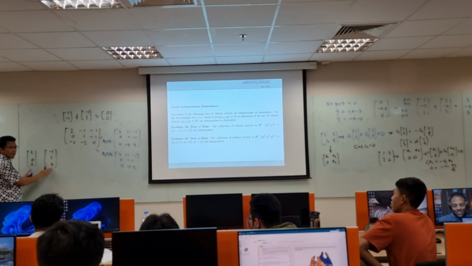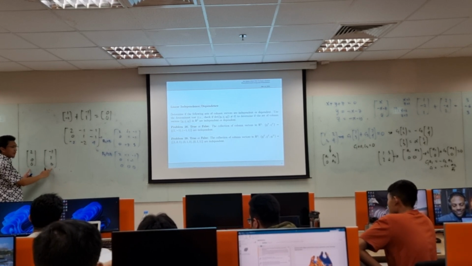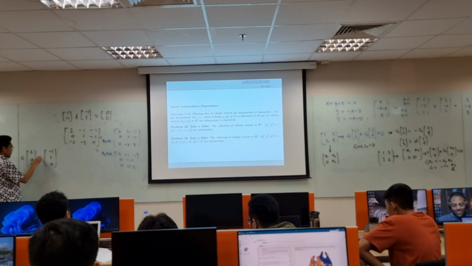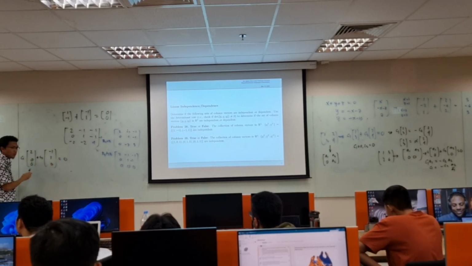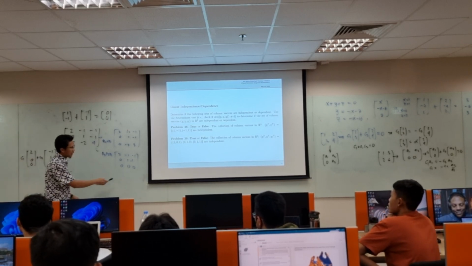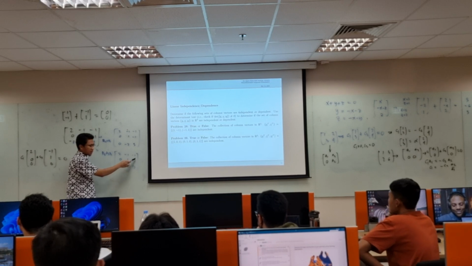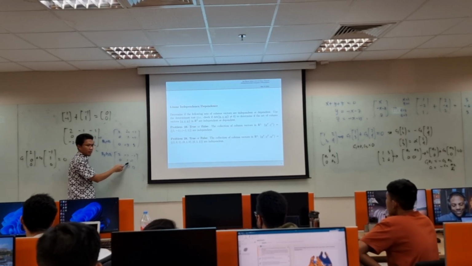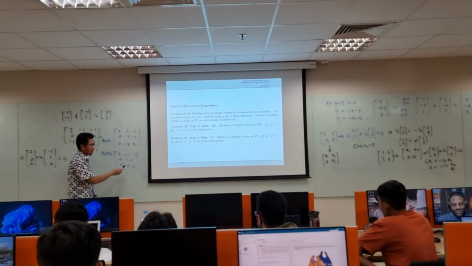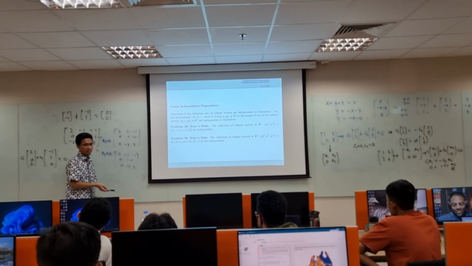These two are linearly independent. We cannot find any numbers C1, C2 to get this to be 0. However, the last one is dependent on the second one.